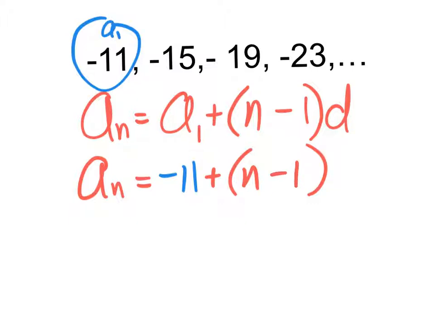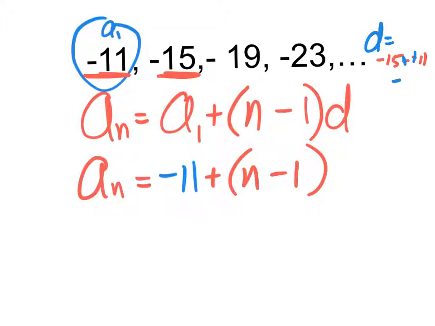And then the common difference. What is the common difference? So I never found that out. The common difference is what? Again, you take any number you want and subtract the number before it. So if I go negative 15 minus negative 11, what is the common difference, guys?